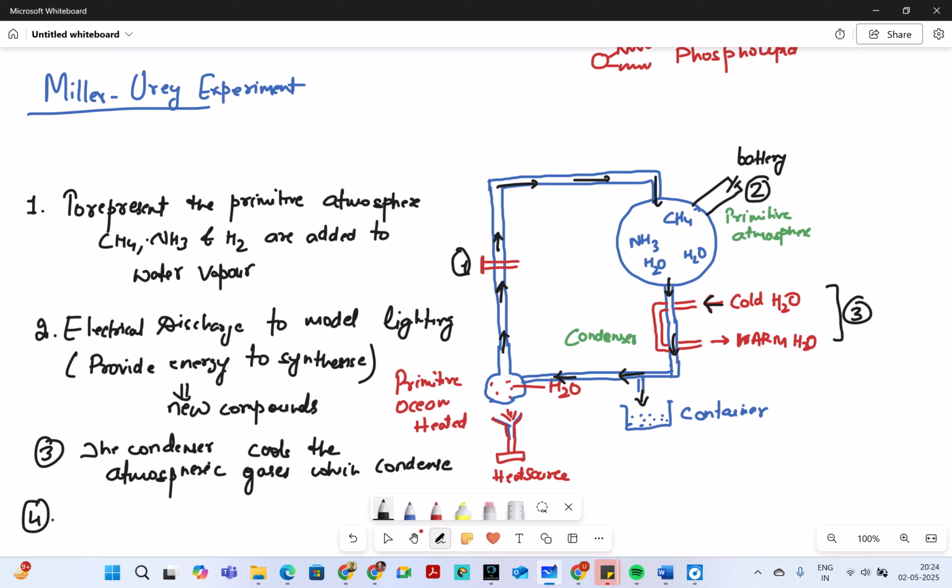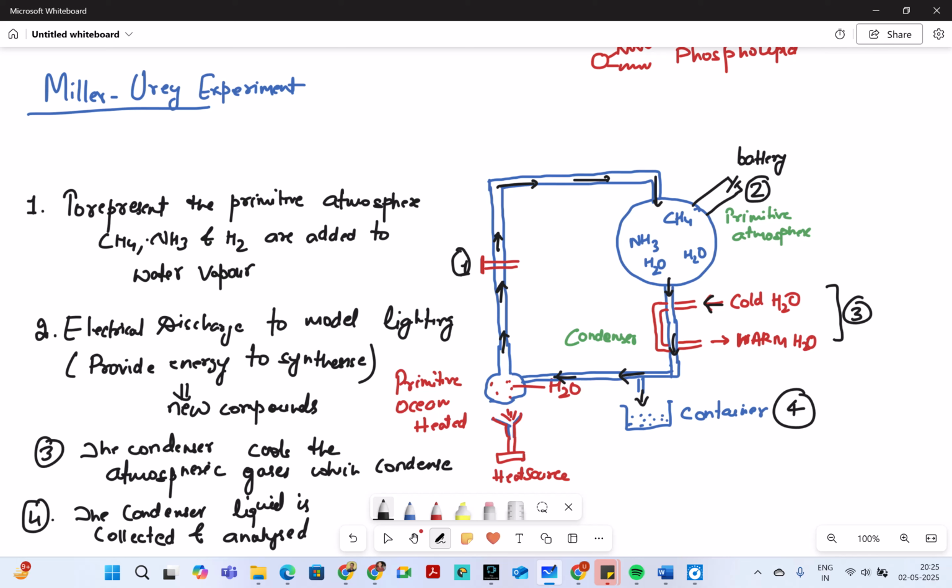We can say that the condensed liquid is collected and analyzed. So scientists can see what has happened, what the situation was.